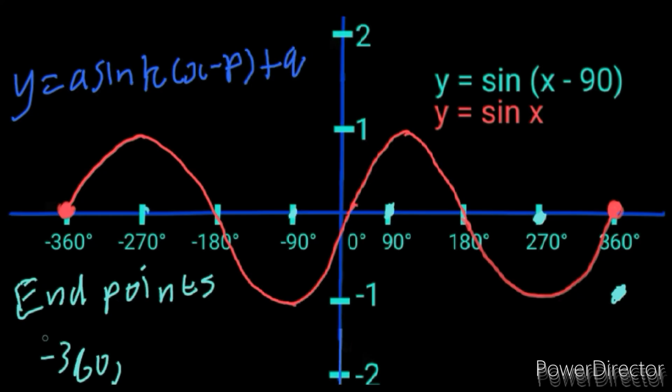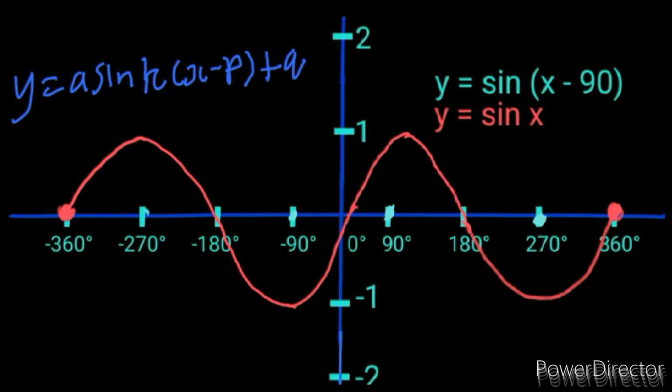So the x value is 0 and the y value is 0. For the end part of it, the x value is 360 and the y value is 0. So these are the endpoints. They're just talking about your beginning point and your end point, your beginning coordinate and your end coordinate.